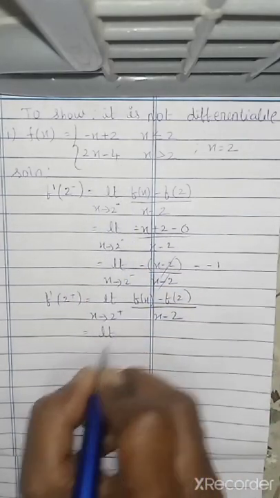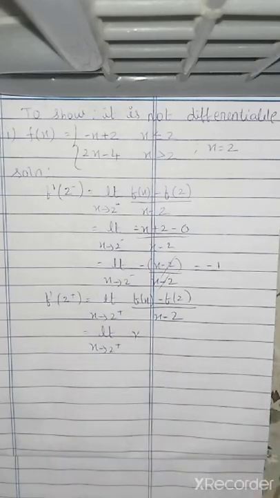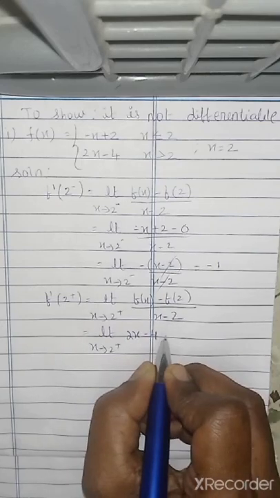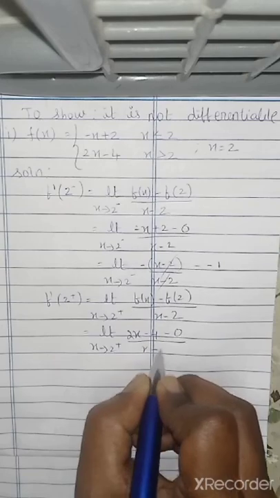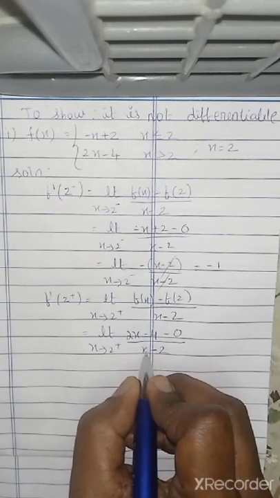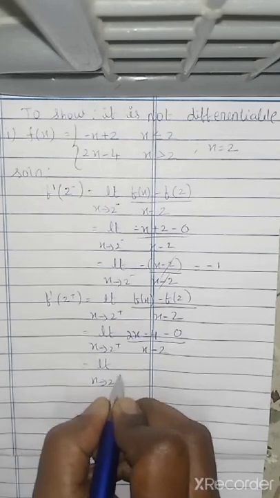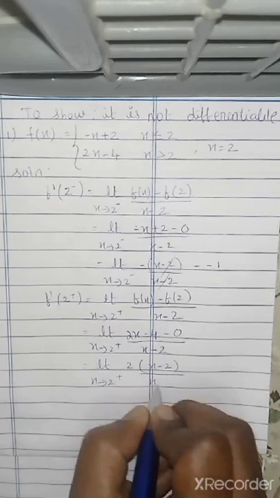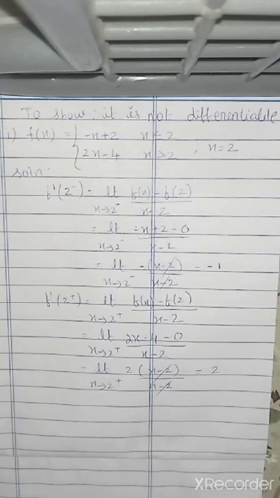So here we can write the limit as x tends to 2 plus of 2x minus 4 minus f(2), whose value is 0, divided by x minus 2. Correct? Okay. Now again we can write this as the limit as x tends to 2 plus, we can take 2 as common, so x minus 2 by x minus 2 gets cancelled, and you will get the answer as 2.